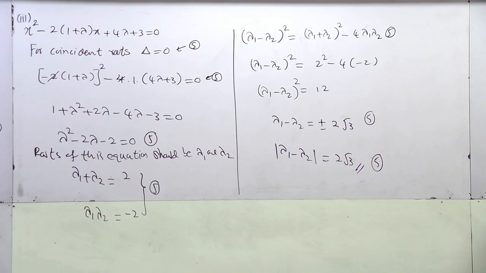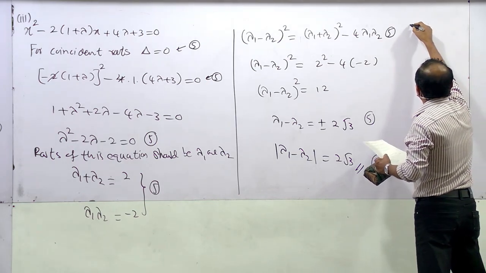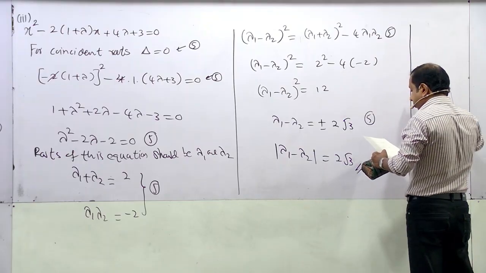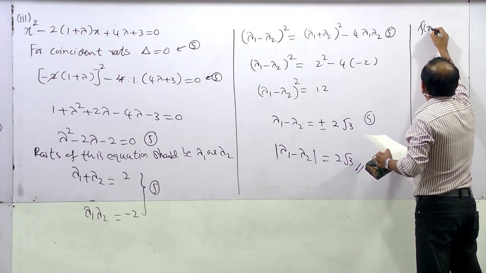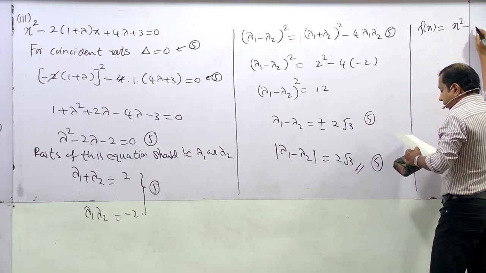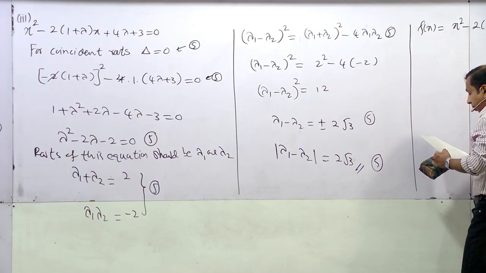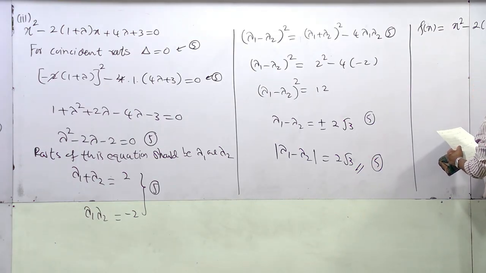Right. Yes, we are given fx this way: fx is equal to x squared minus 2 times 1 plus lambda x plus 4 lambda plus 3, right?